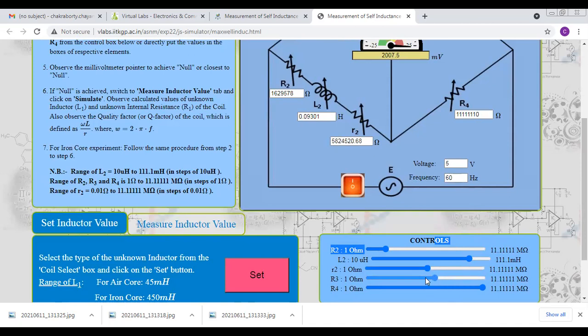Just change it. If it is coming at 1 to 1.36 millivolt. In the previous step, I could reach only 1 point something.